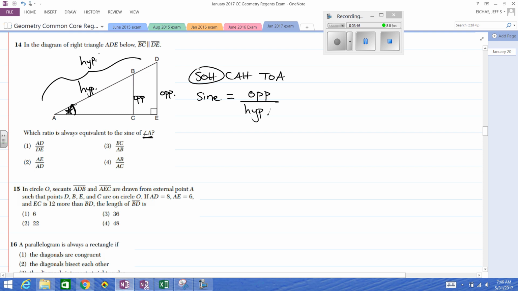So we either have to have BC over AB, or we have to have ED over AD. So we'll just look for that. I don't see any EDs on top. BC over AB, right there. So we're looking at choice 3.